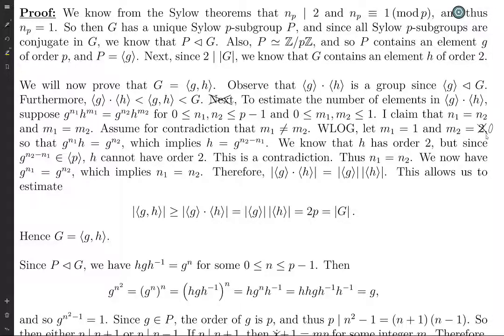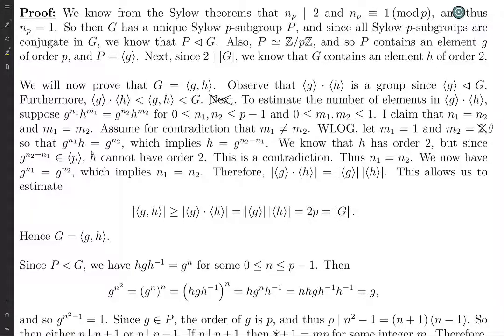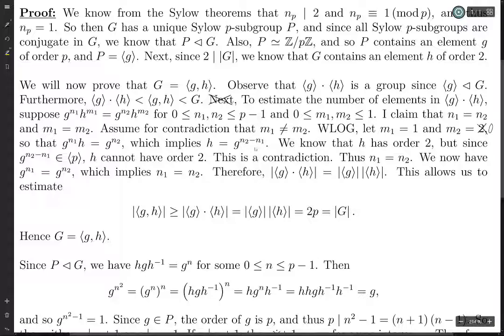So if we say m1 is 1 and m2 is 0, then what does that tell us? We have g^n1 h equal to g^n2, and so we multiply on the left by g to the minus n1, and we commute the exponents here, which we can do because we can commute exponents.